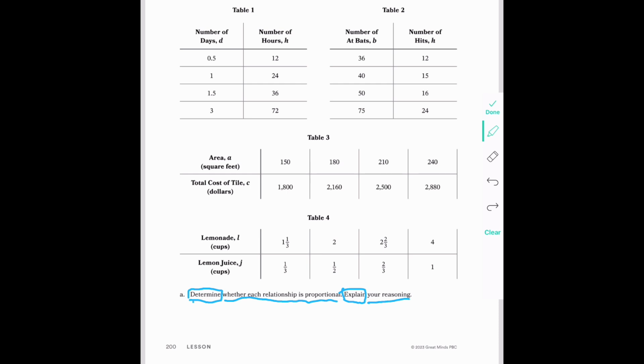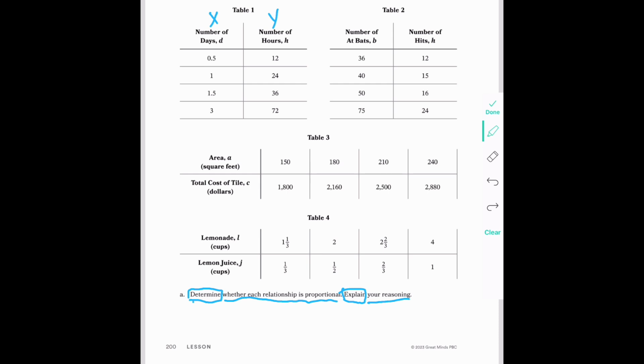In the situation of days to hours, the amount of days that you're using would be the control variable or the independent variable, and hours would depend on how much of a day you're talking about. So half a day being 12 hours, we know that it's factually correct. But let's use some of our techniques to check it.